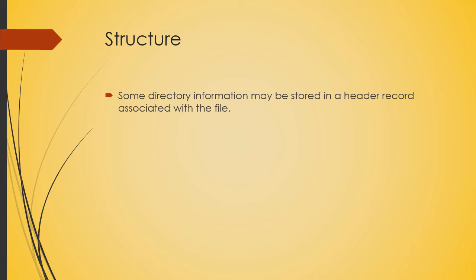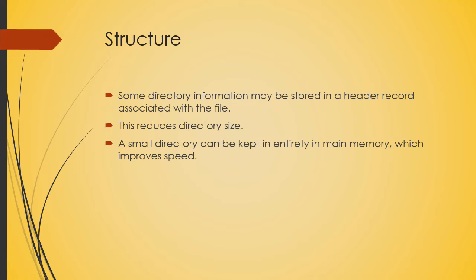Structure. The way in which the information of a directory is stored differs widely among various systems. Some directory information may be stored in a header record associated with the file. This reduces directory size. A small directory can be kept in entirety in main memory, which improves speed.